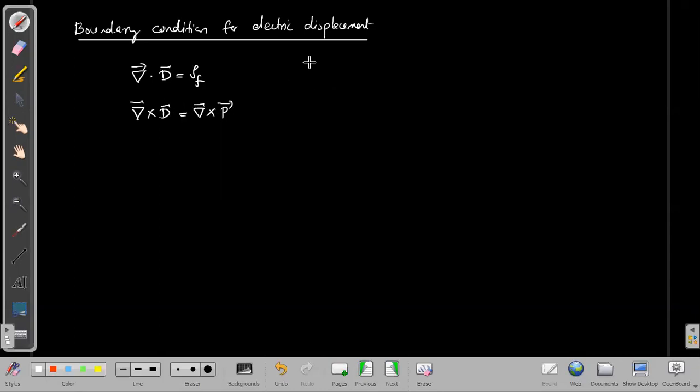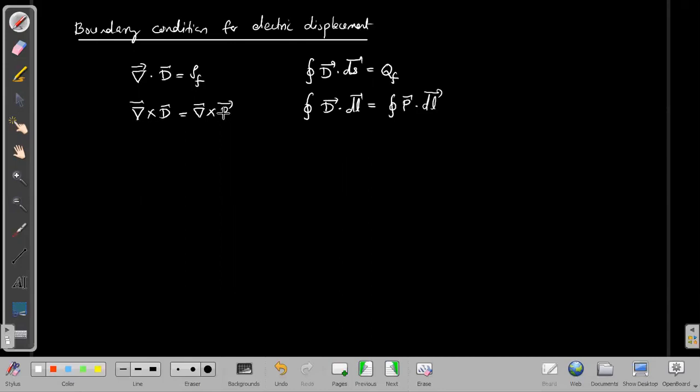These are the two main equations for electric displacement in differential form. If you convert this into integral form, del dot D equal to rho F can be written as the closed integral D dot ds equal to QF, and the closed integral D dot dl equal to the closed integral P dot dl.